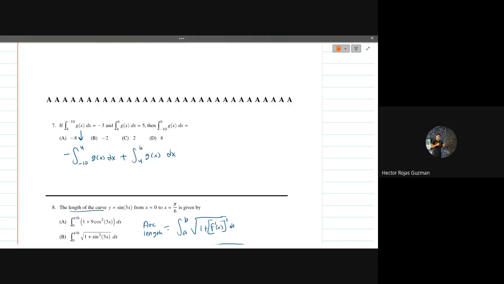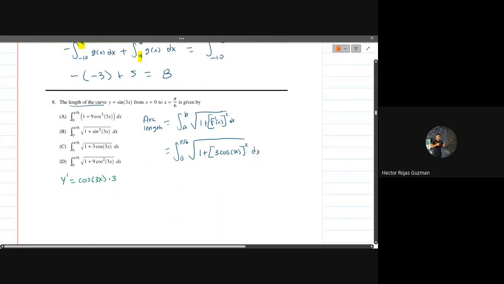These two integrals create the integral from negative 10 to 6 because this limit of integration matches this limit of integration. So now just take the values. Negative 3 plus 5 equals 8. That's your answer.